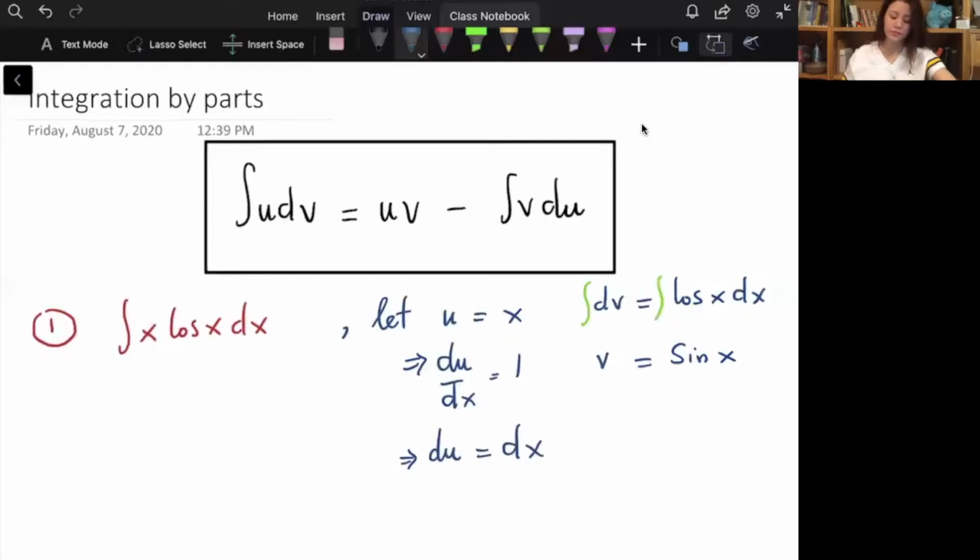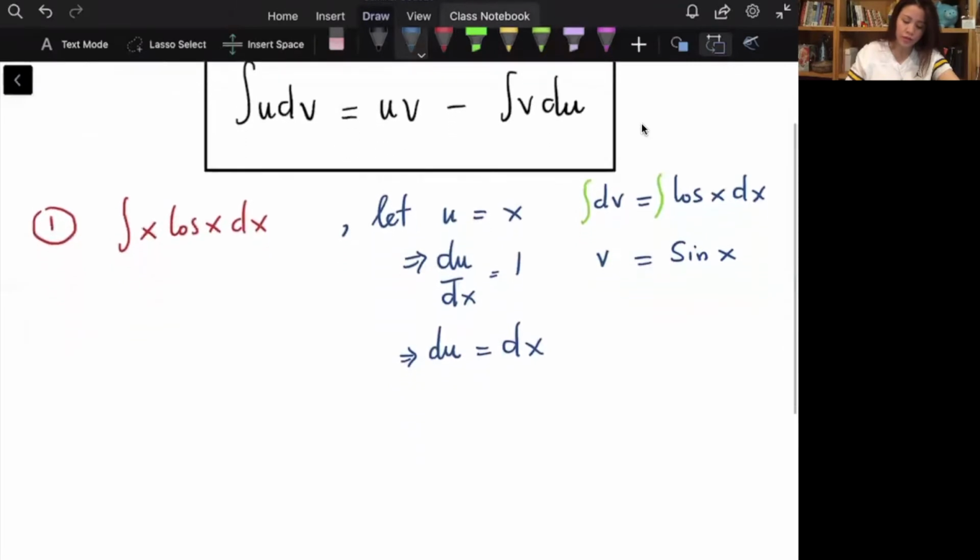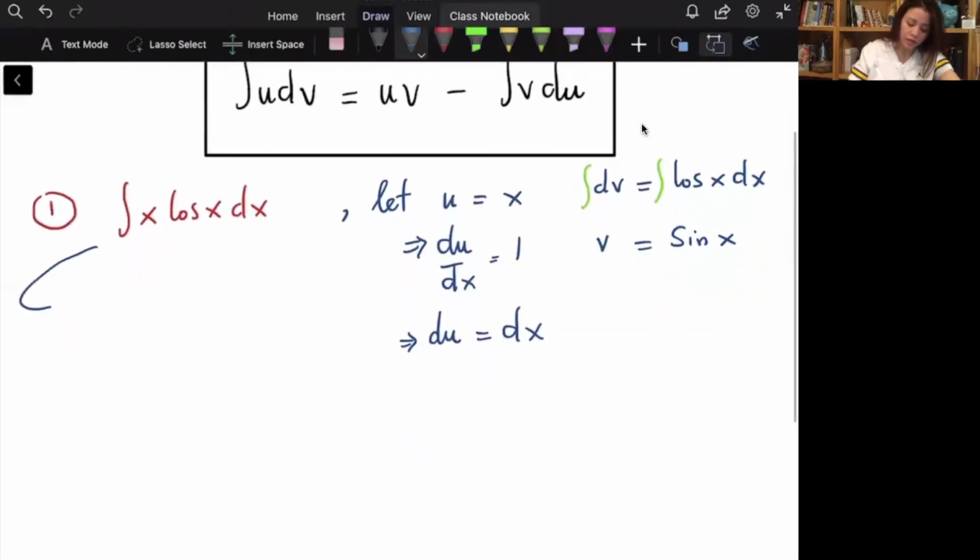Okay, now we're going to apply the formula. So here we have equal u times v. What is u? U is this one, right? So u times v, so let me do it in yellow. That is your u.